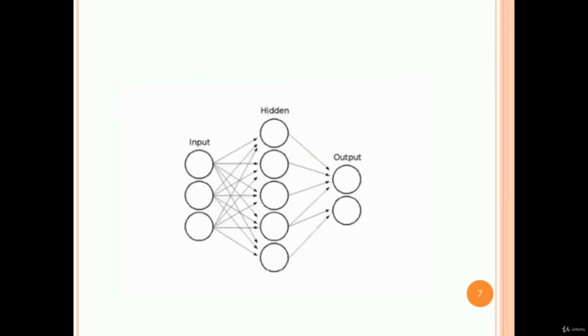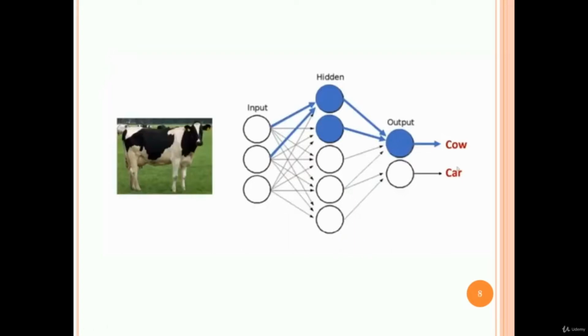This is a general and simple structure of an artificial neural network, in which the different round circles are the neurons, and these arrows are the synapses. Suppose, guys, you have a baby, and you are teaching your baby that this is a cow by just showing this picture and saying, this is a cow. And in her mind, actually how it is working, some of the neurons light up, and some of the synapses become stronger.